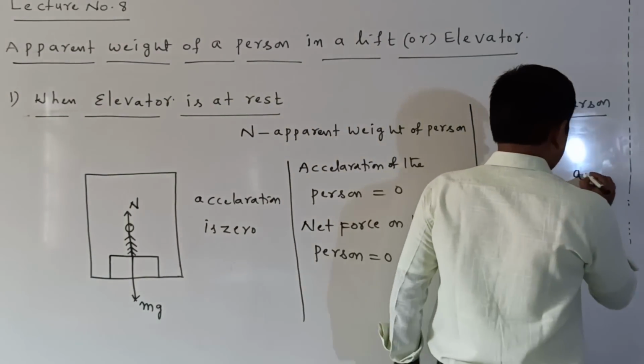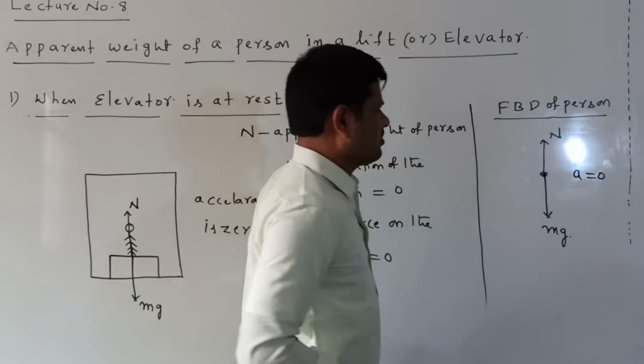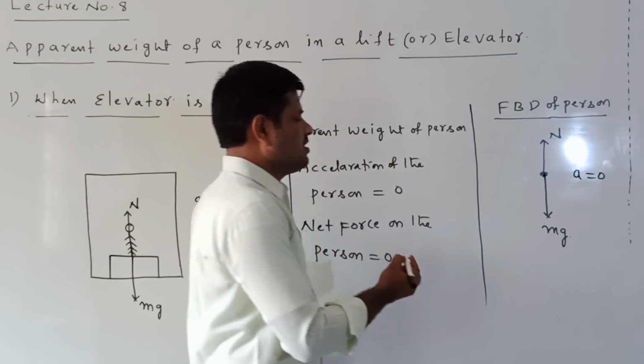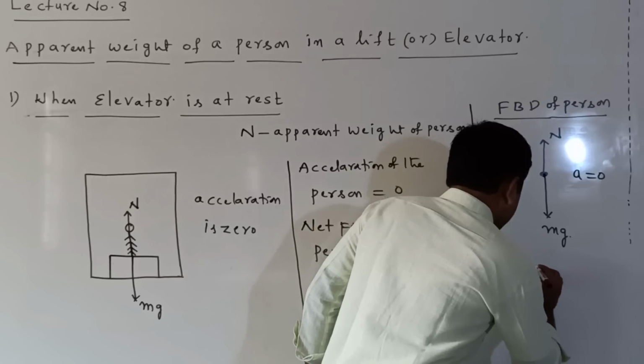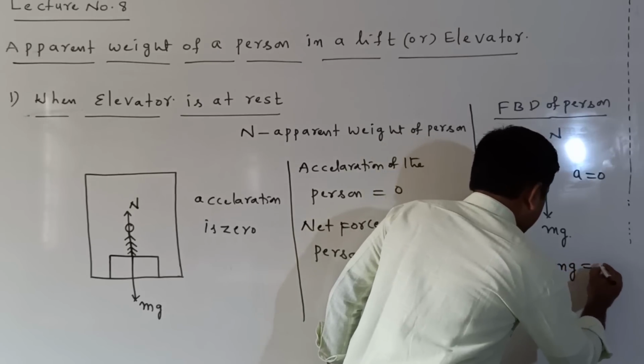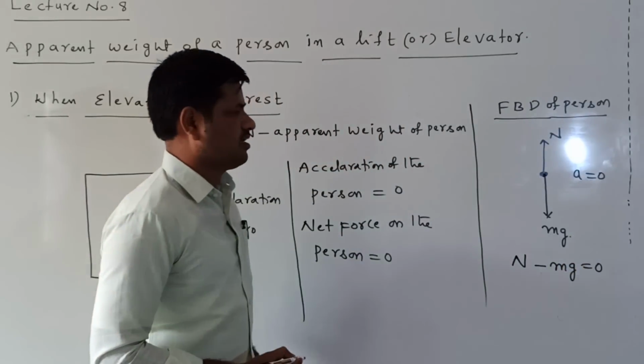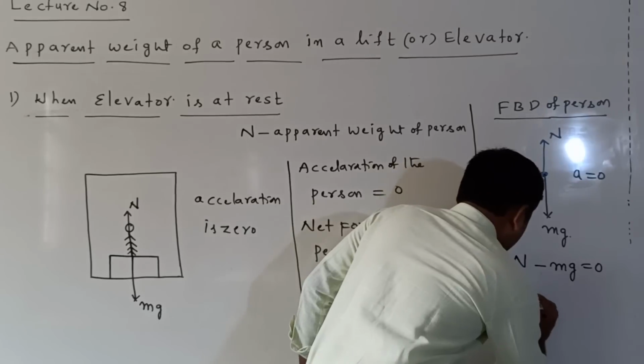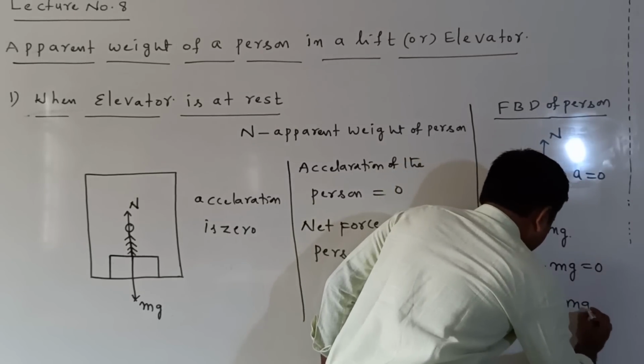Acceleration is 0, so the net force acting on the person is 0, which means N minus mg equals 0. Both are in opposite directions, so N equals mg.